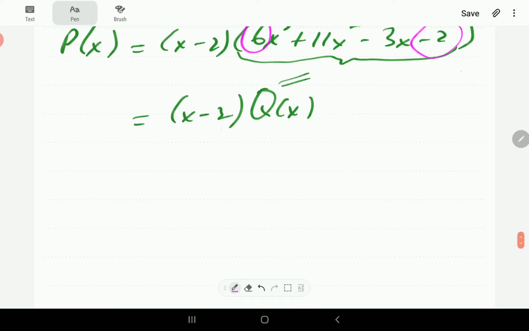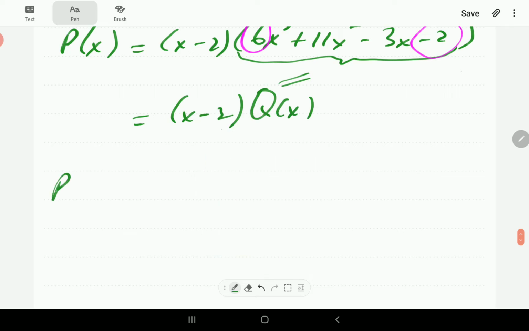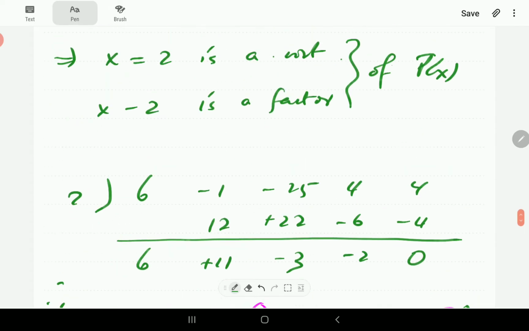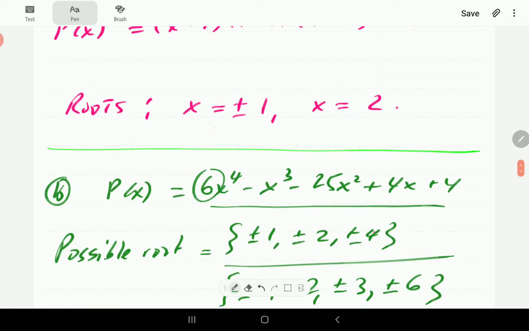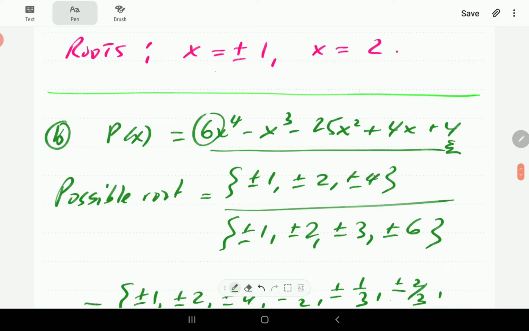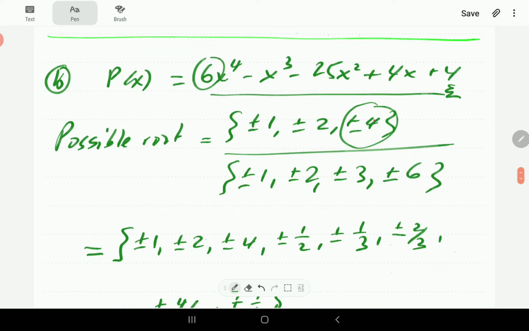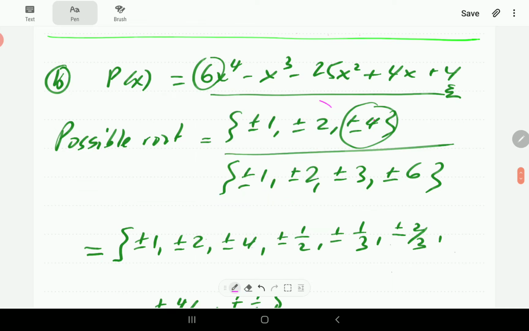So what it means is that the set of possible roots is just going to change slightly. Remember previously the constant was 4, so in the numerator this is what we have, but now because the constant is 2, the numerator is just going to have these 2.